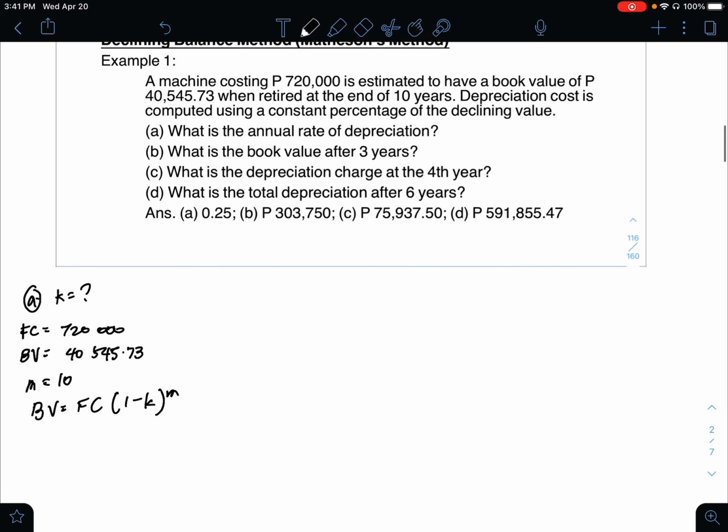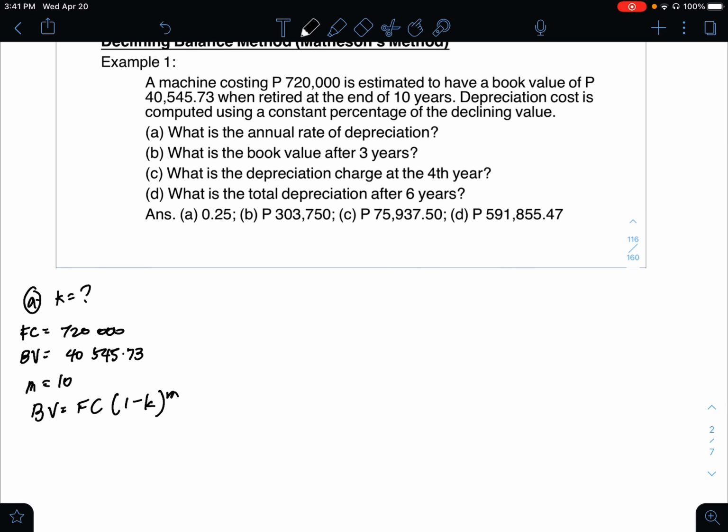So the book value, which is 40,545.73, is equal to 720,000 times 1 minus k raised to the power of 10 years.